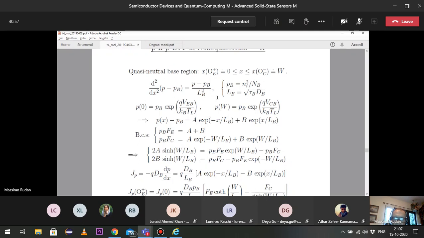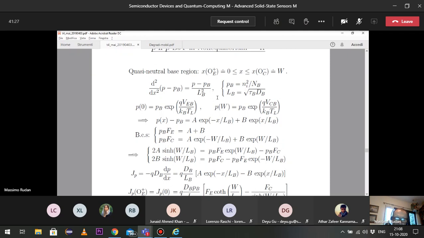So when we fix x equal to 0, then we find that the left-hand side of the solution provides Pb times f of v because we have the exponential minus 1. And this is equal to the right-hand side of the solution calculated at 0.